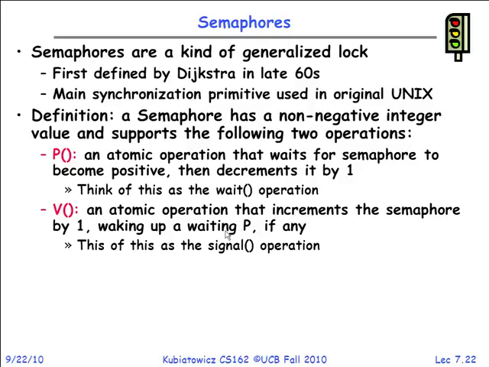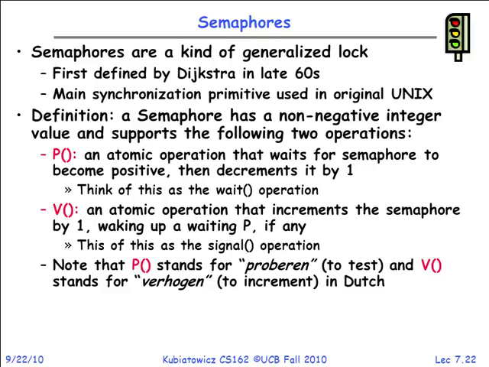P stands for proberen in Dutch, and V stands for verhogen, which means to test or to increment. So there you go, very clear what P and V are good for. Unfortunately, they've been blazoned into the whole semaphore world, so you're going to have to deal.